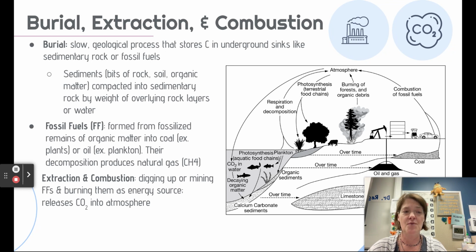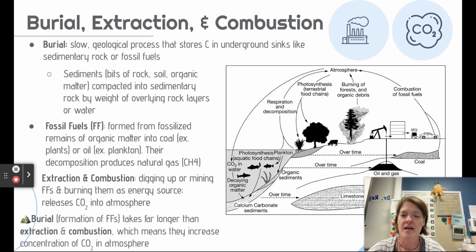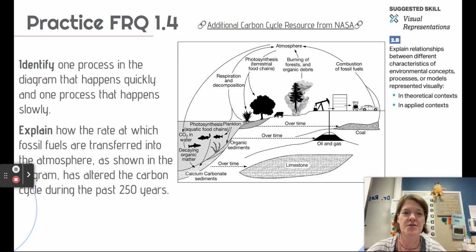That's happening at such a rate that the natural processes of moving that carbon just can't keep up with the rate that we're putting it into the atmosphere. And so burial takes far longer than extraction and combustion. Burial takes way too long. That's the issue. So basically, what's going on is that we're increasing the concentration of CO2 in the atmosphere.